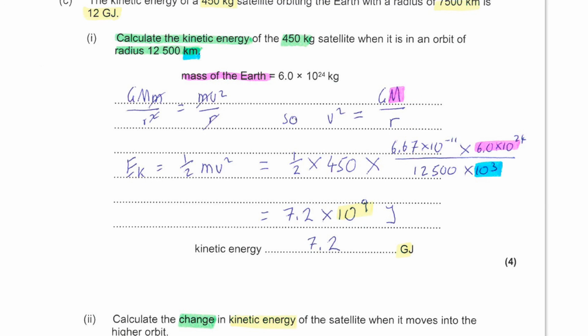So you can see once again you have got a G, an M, and an r, and if you have a subtraction you're going to get a very similar notation. So you could prove to yourself that the final answer would be numerically equal to the change in kinetic energy.